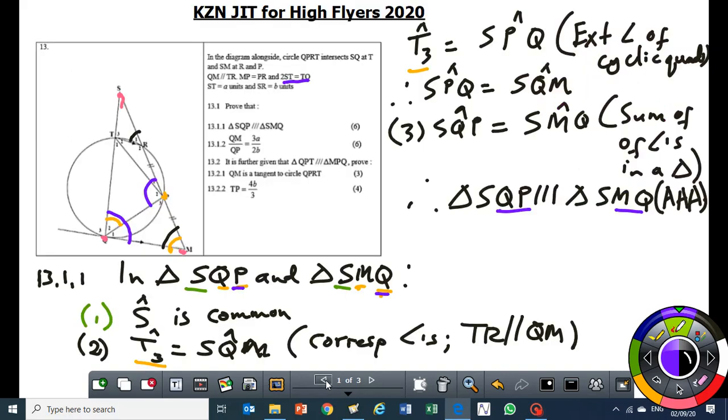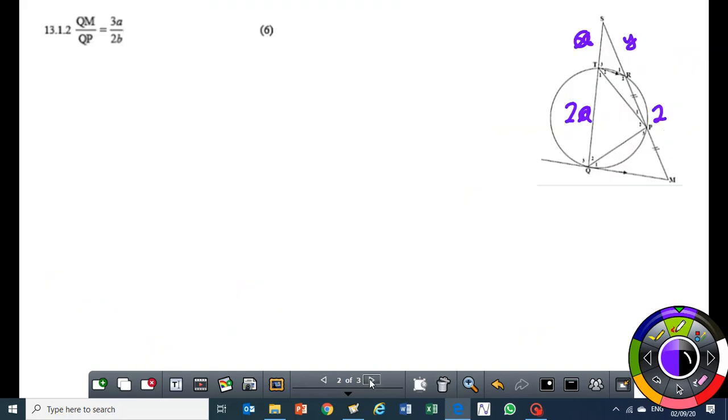I've got B. My SR is equal to B. So let me change this to B, and that one will be 2B. Okay, if you don't want to do that, then you can say let A be equal to X and let Y be equal to B. Okay, but I want to change it on the diagram. Okay, so once I have that, then I can carry on now.